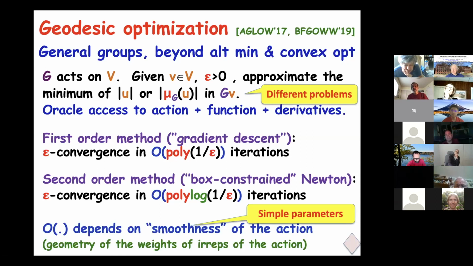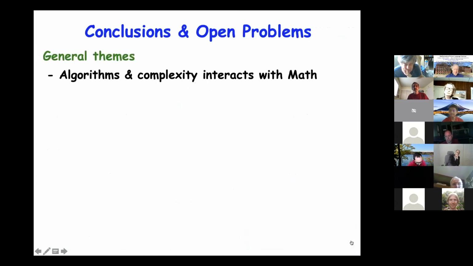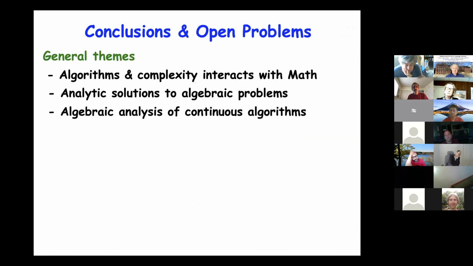We have these very general algorithms, and let me just jump to the conclusions. There are general themes you've seen, and I want to stress them. The interaction between computational questions and algorithms with mathematics and physics is extremely rich, and it gets richer there.